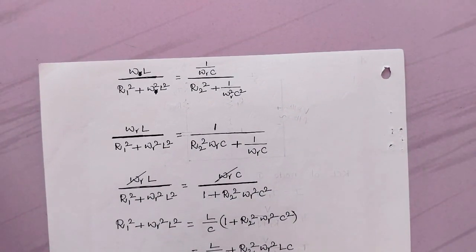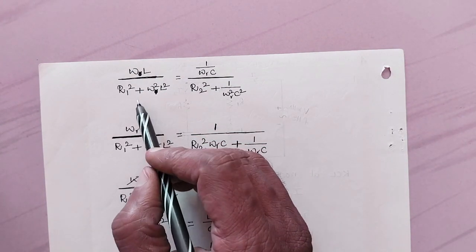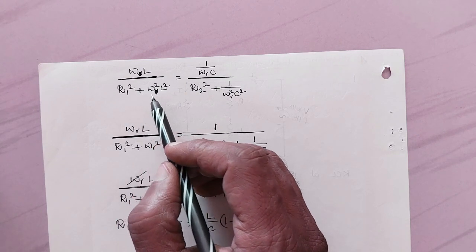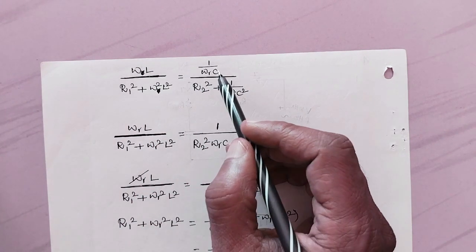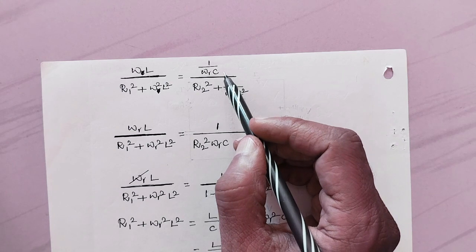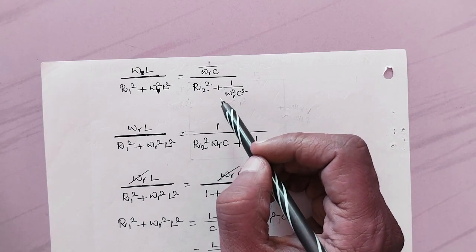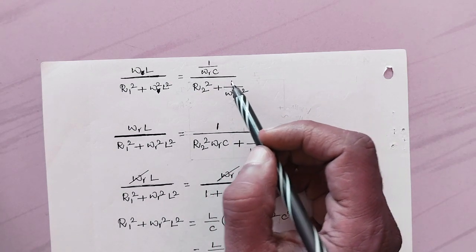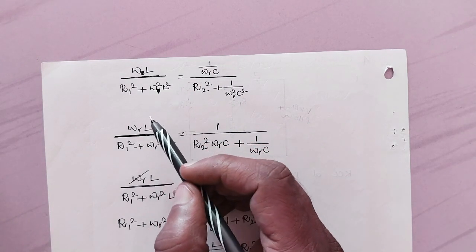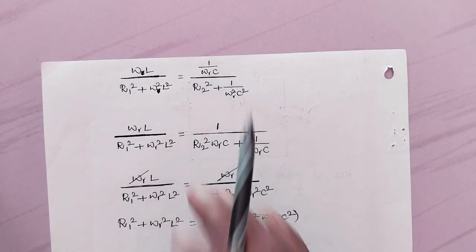Now we replace XL with omega L and XC with 1 by omega C. So omega L by (R1 square plus omega square L square) equals (1 by omega C) by (R2 square plus 1 by omega square C square). Here, for omega we take omega R, because this is the condition for resonance.